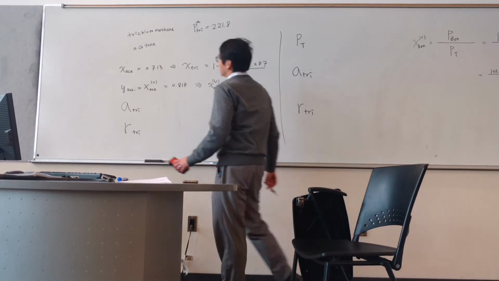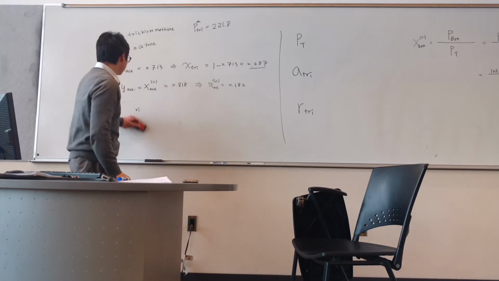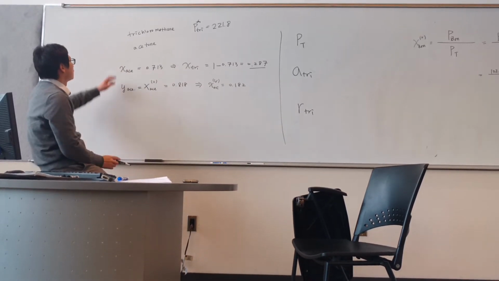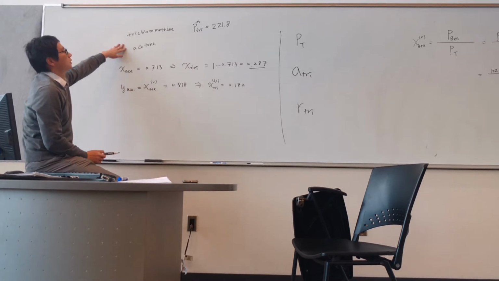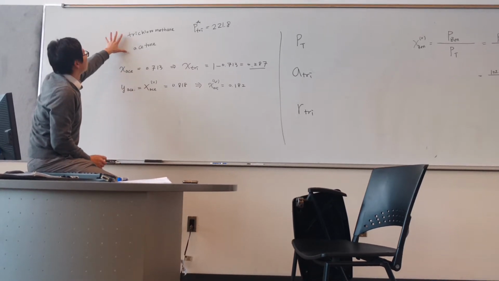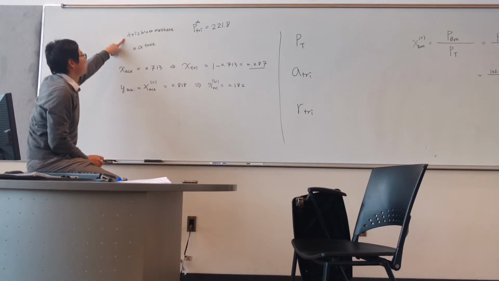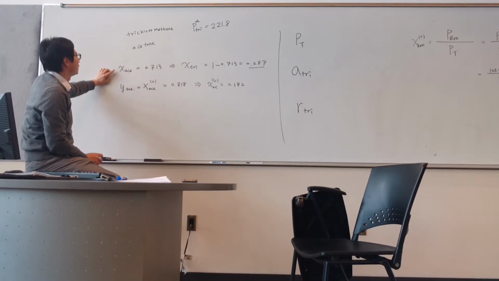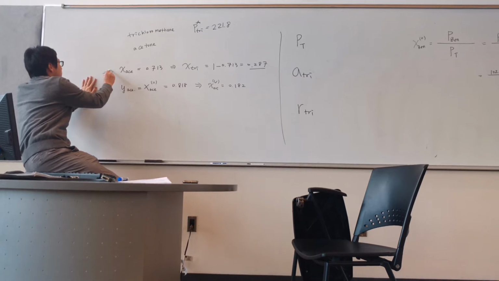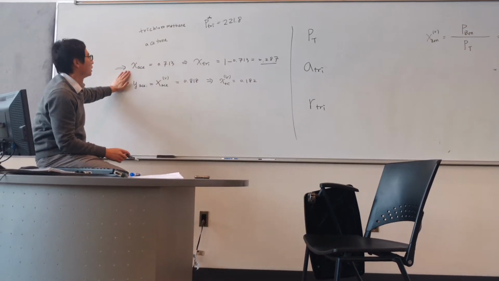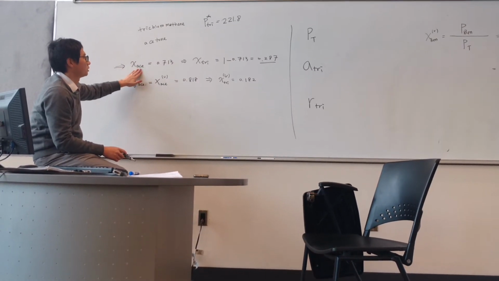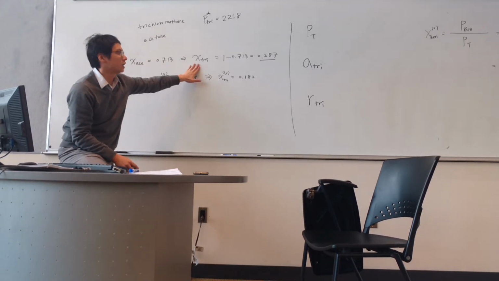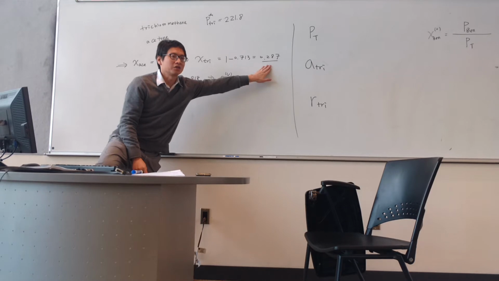Okay, so let's talk about the question again. You have a solution that contains two different components. One is trichloromethane, the other one is acetone. When you mix them together, inside your solution the mole fraction of your acetone is this much, then you know the mole fraction for the other component is this much.